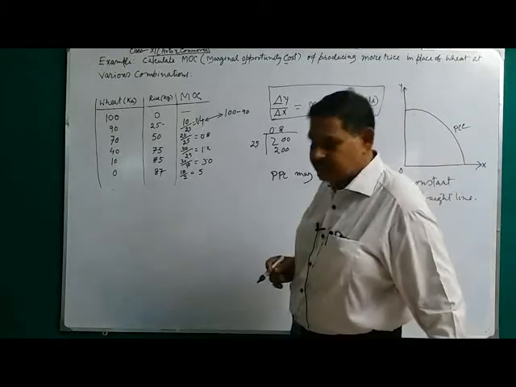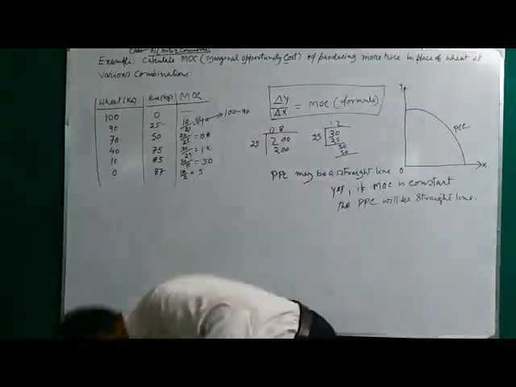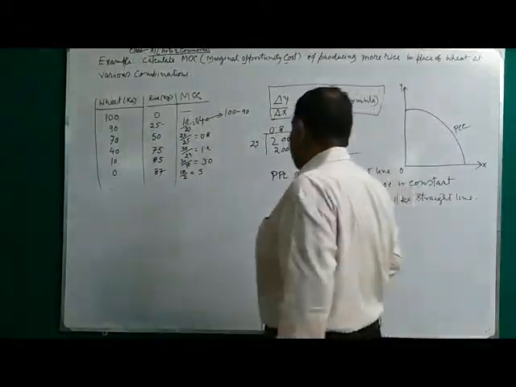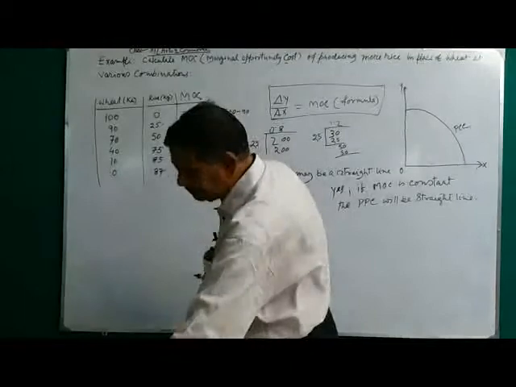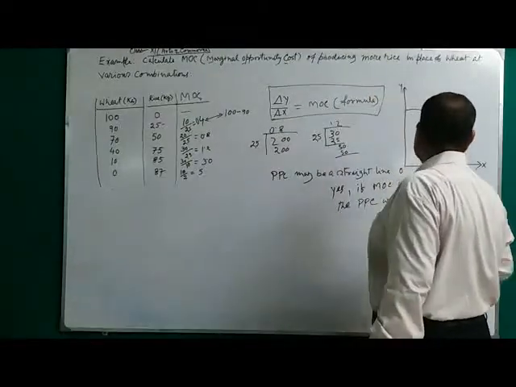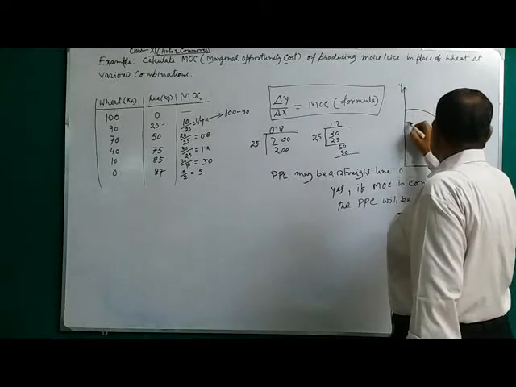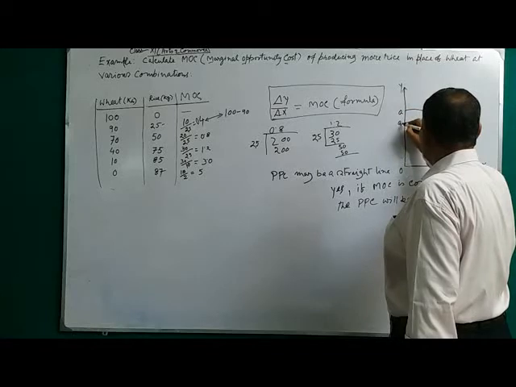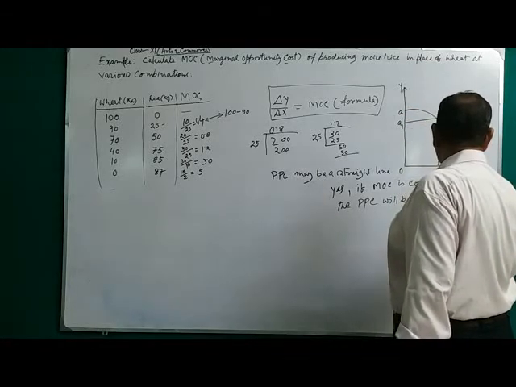It can be explained with the help of a diagram. So this is the diagram. You are getting here, that is A1, it is B1.